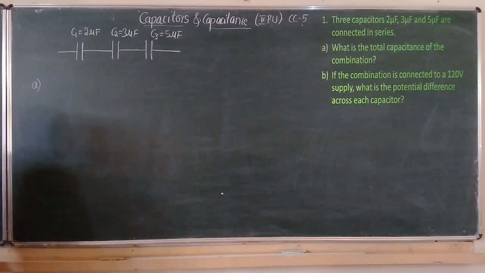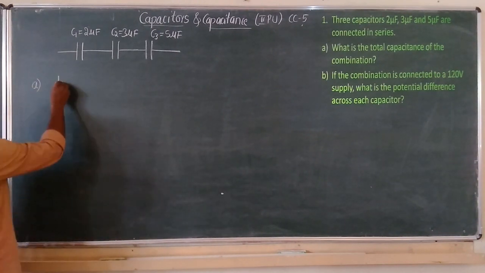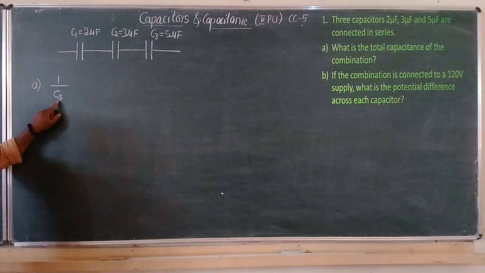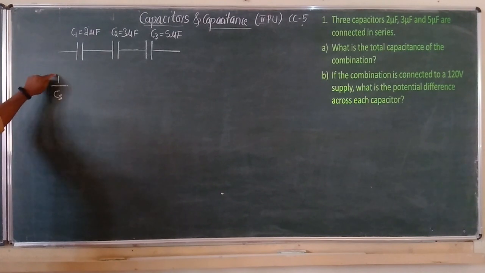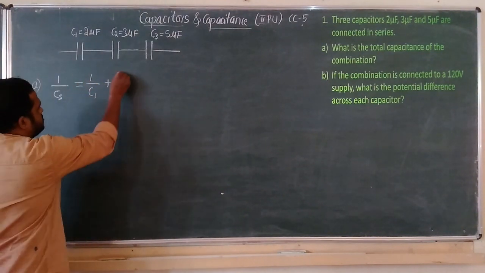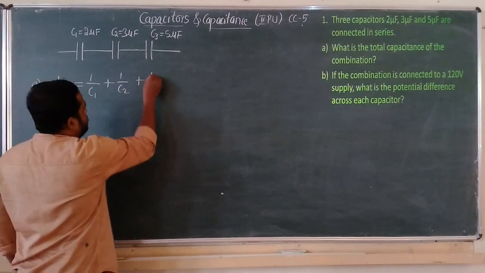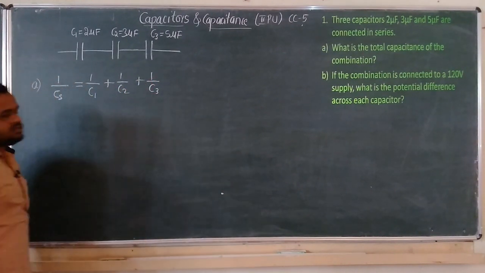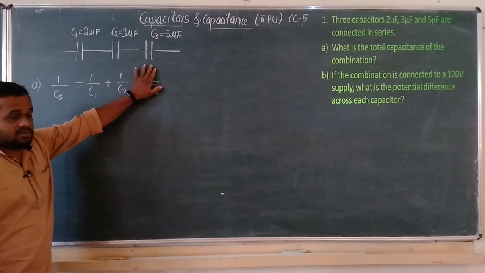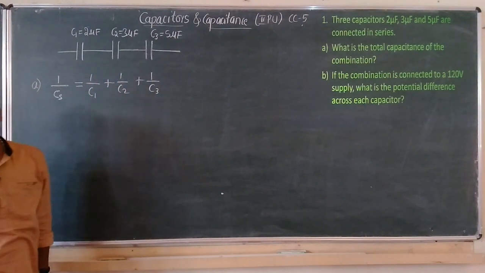Solution for part A. We know that in series combination the effective capacitance is represented as Cs, S stands for series. So 1 over Cs is equal to 1 over C1 plus 1 over C2 plus 1 over C3. Three capacitors. If it is the case of 2 capacitors, only 1 by C1 plus 1 by C2.